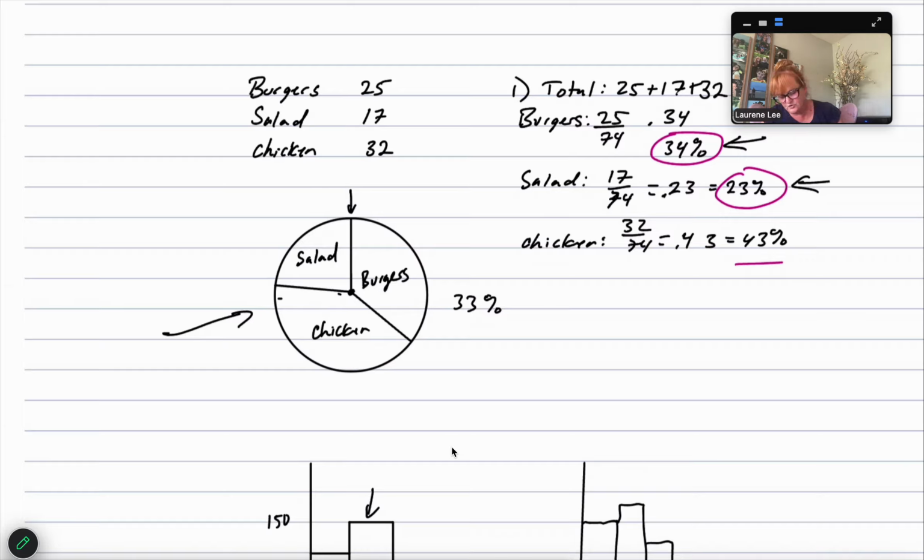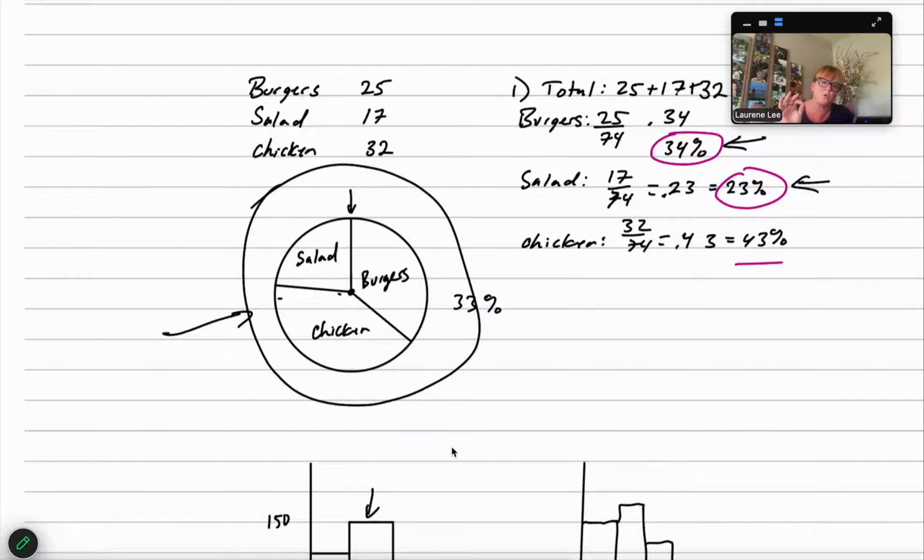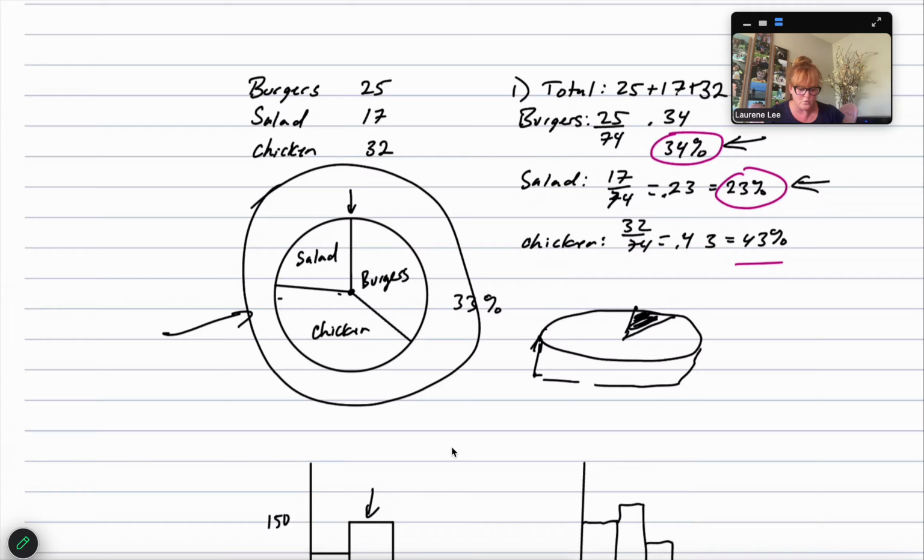A graph drawn like this is visually more accurate than one, don't laugh at my drawing, that looks kind of like it's set on its side like this in a really cool way, and maybe it's tipped or something. Because in order for me to create depth, I have to create this wedge over here to look way smaller than this wedge, which maybe it is and maybe it isn't.